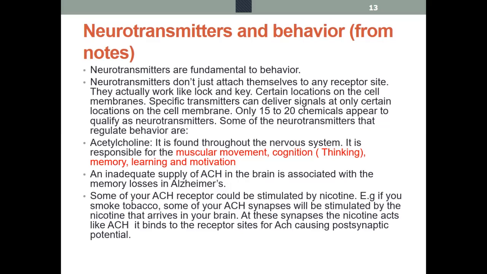For example, the acetylcholine neurochemical would only be received by those neurons which are specialized for it. Not every neuron would activate itself for acetylcholine.